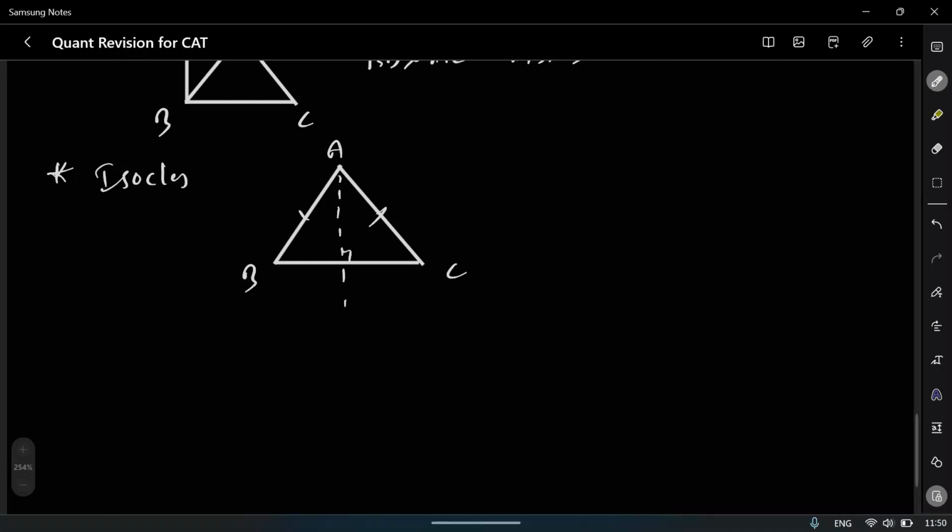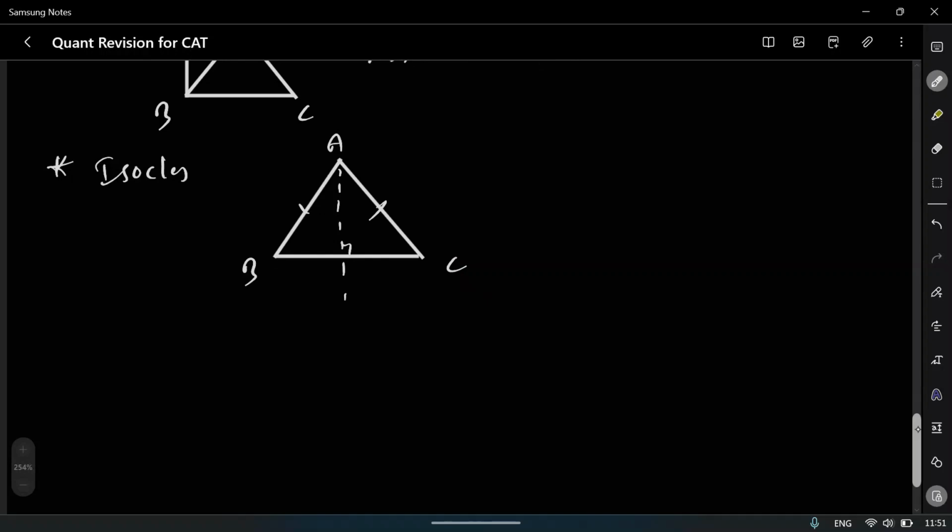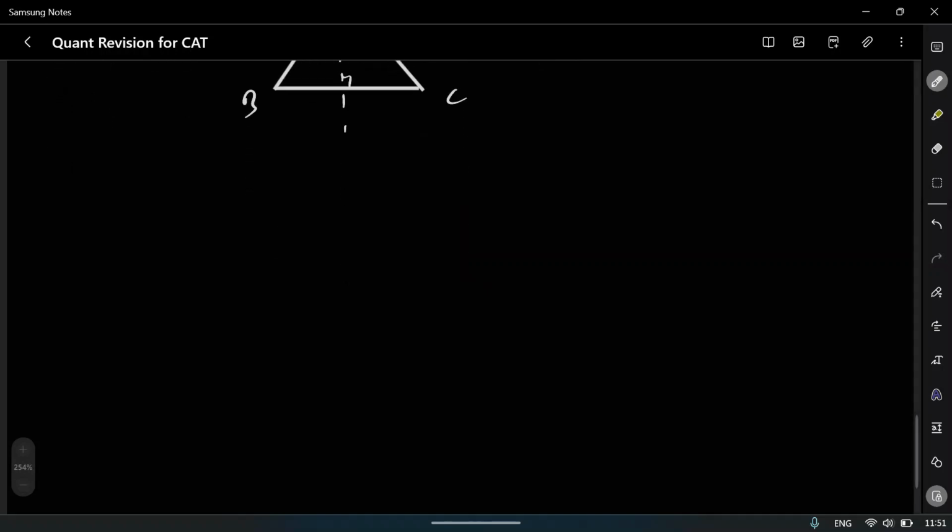This is the median and this is the altitude. So that's one property about the isosceles triangle.